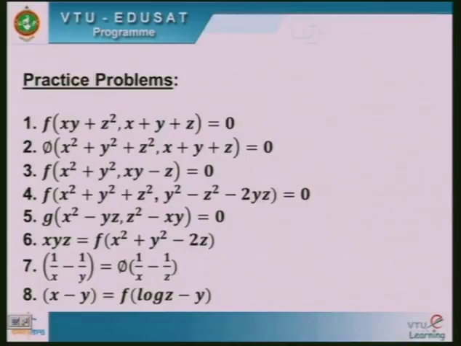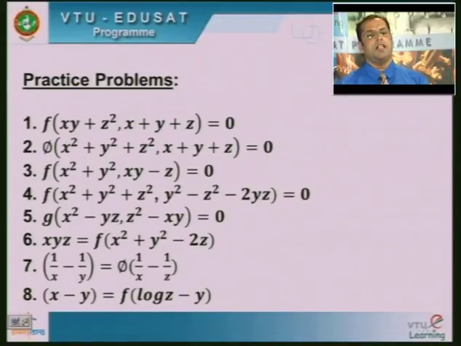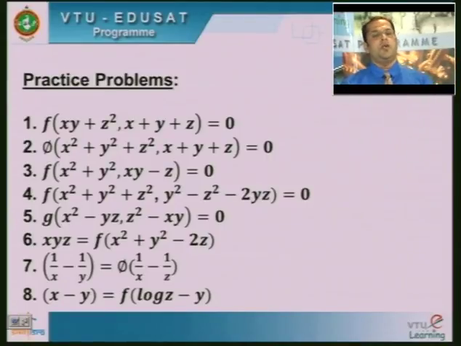So, in the problems that you see which are displayed, the first 5 examples are those in the type f of (u, v) equal to 0. Only thing is the function varies, in some it is phi, in some it is g, and the last 3 examples for practice are those in the form u equal to f of v.